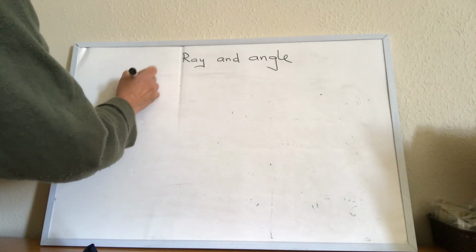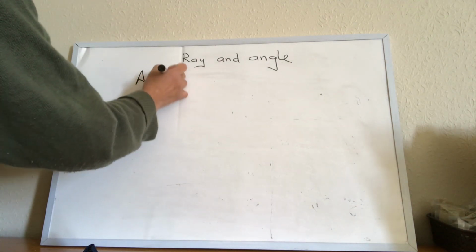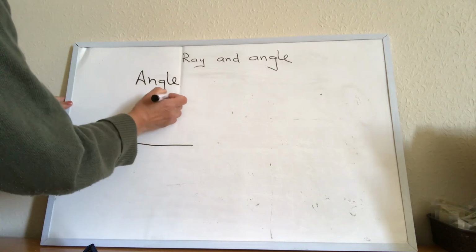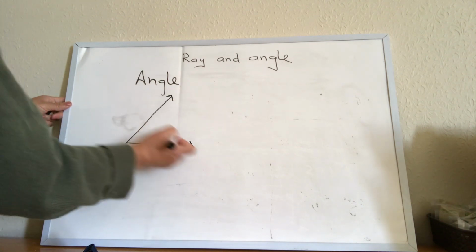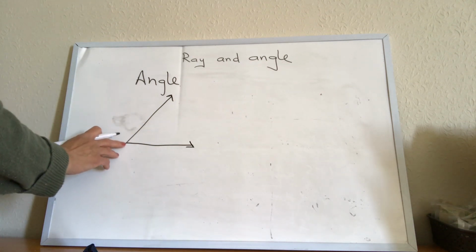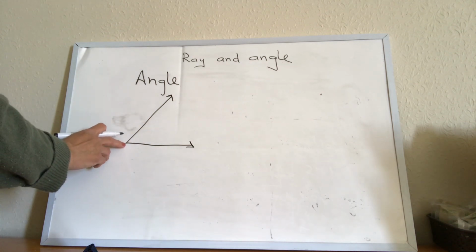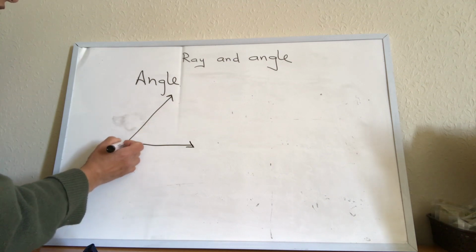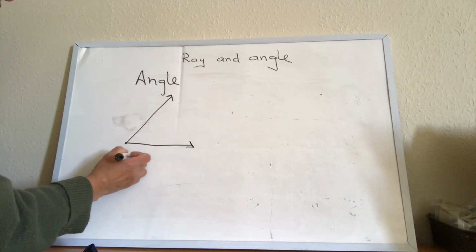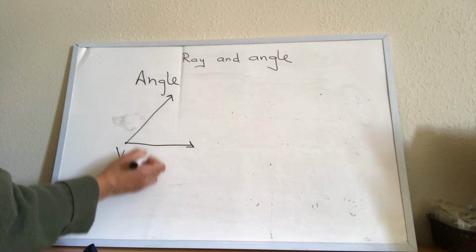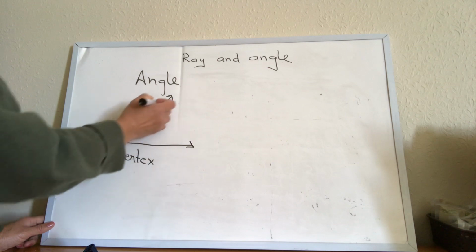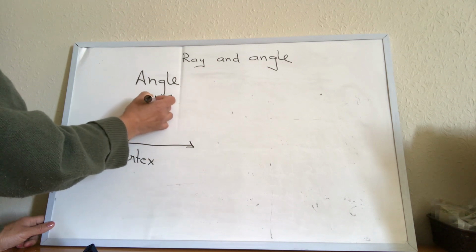So if I am talking about angle now, these are my two rays, and this is their initial point. And when you form an angle, this is called vertex. And these rays are called arms of the angle. Let me label it.